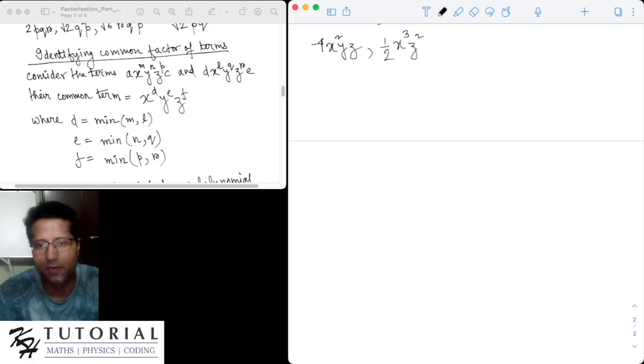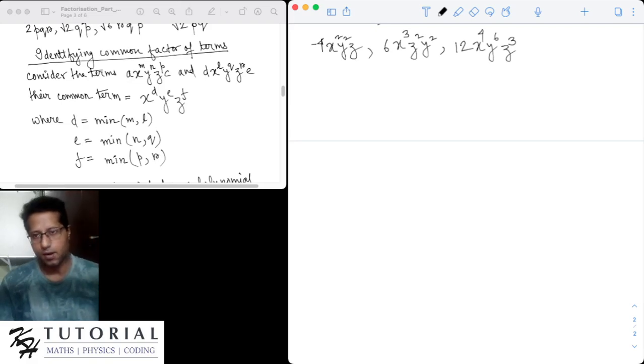So let's say I have some terms: minus x square y z, another term 6 x cube z square y square, and another one, 12 x to the power 4, y to the power 6, and z cube.